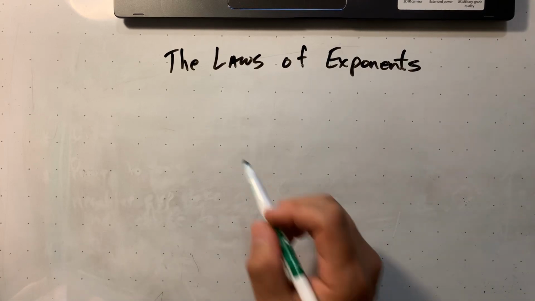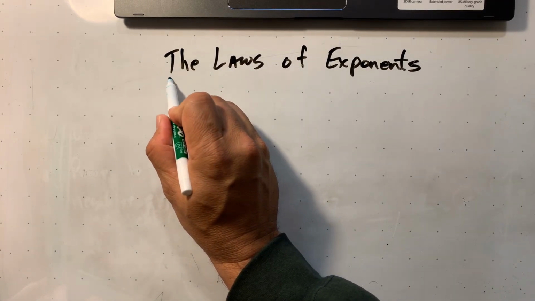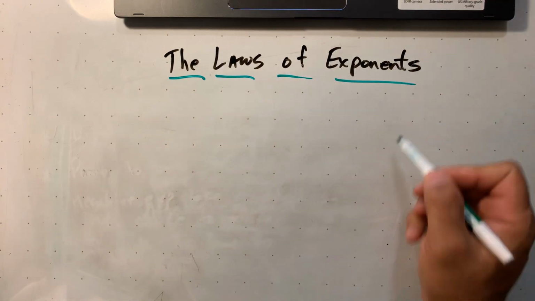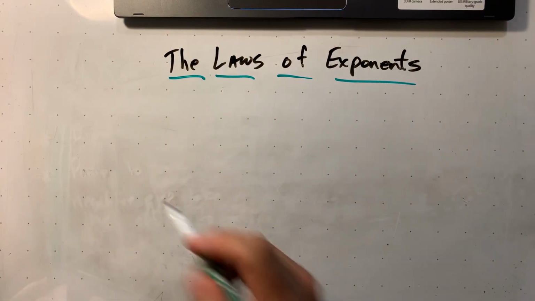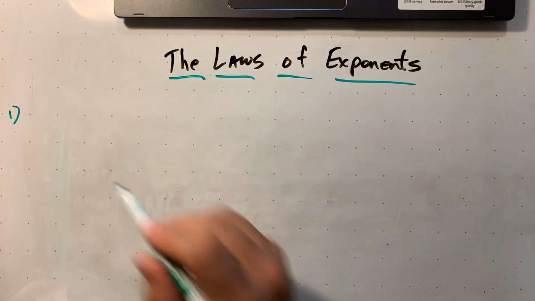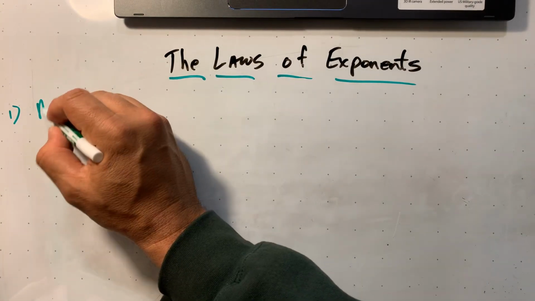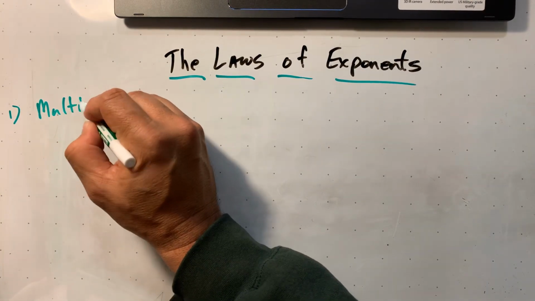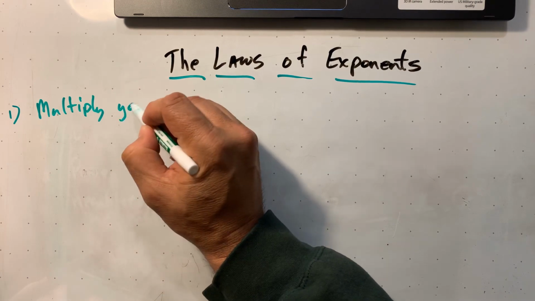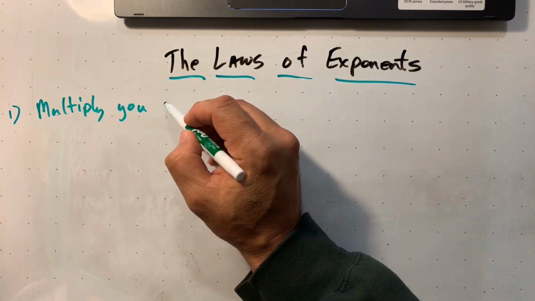All right, today we're going to be diving into some tips to help you with the laws of exponents. First one we have to remember is that when you multiply, you're going to add.